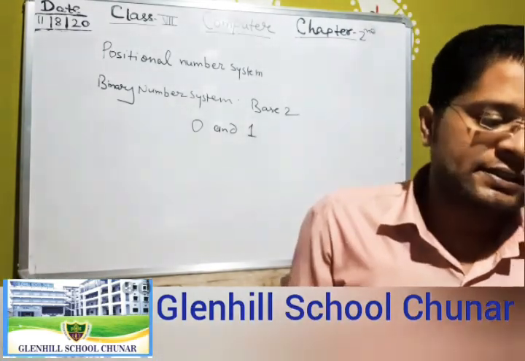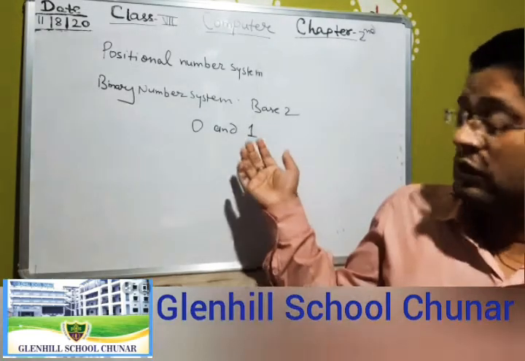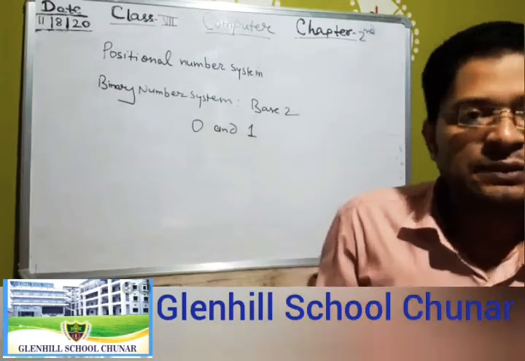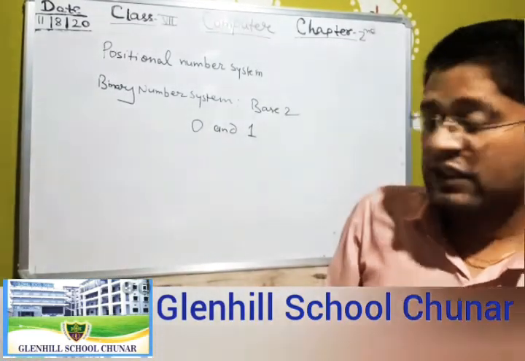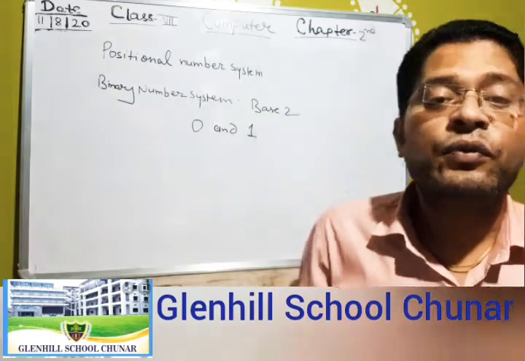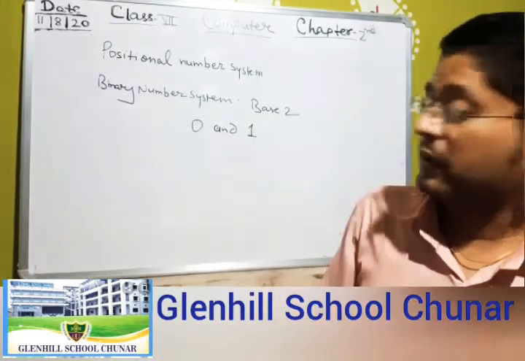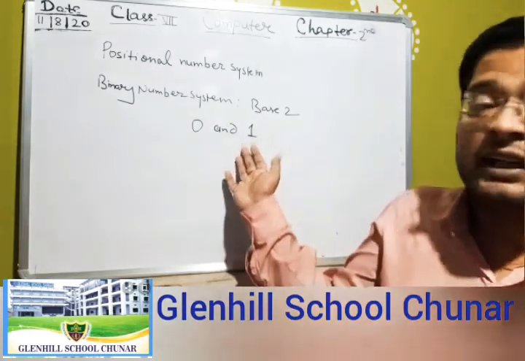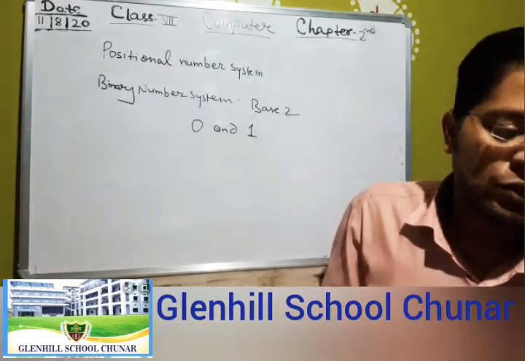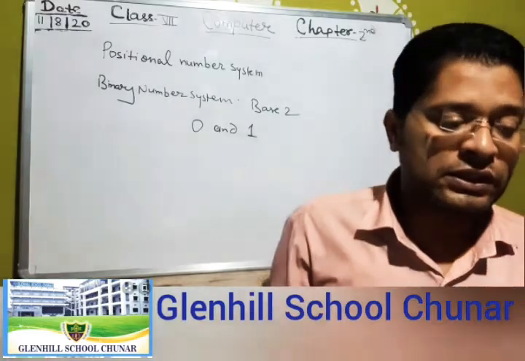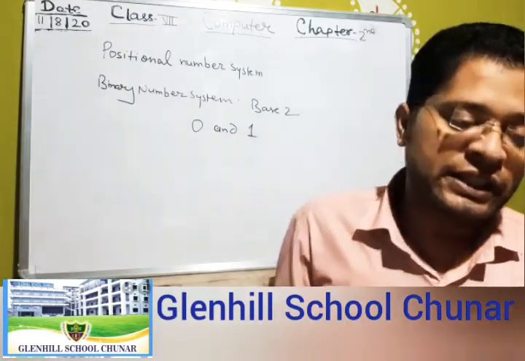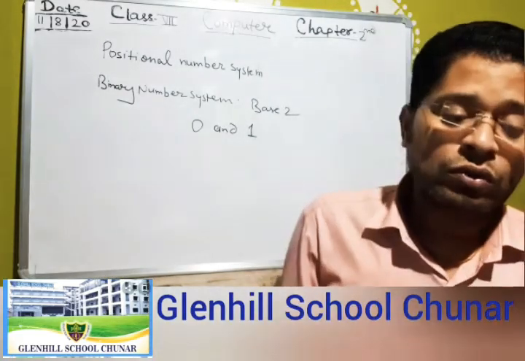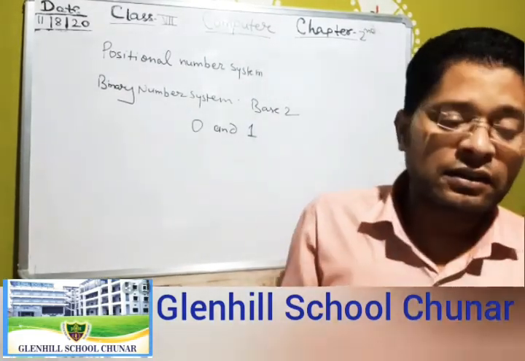The numerals 0 and 1 have the same meaning as in the decimal system, but a different interpretation is placed on the position occupied by the digit. In the binary number system, the individual digit represents the coefficient of a power of 2 rather than 10.